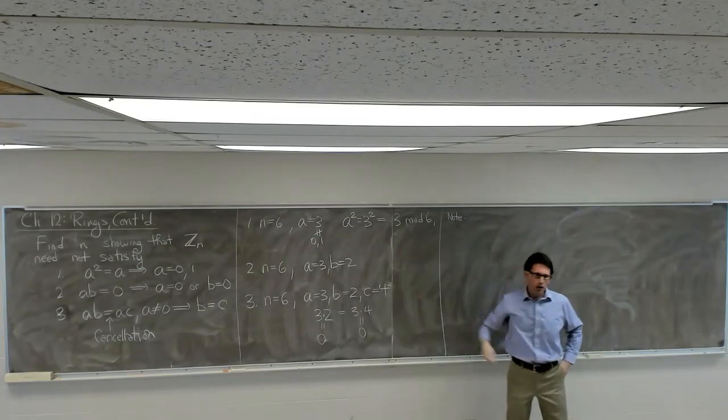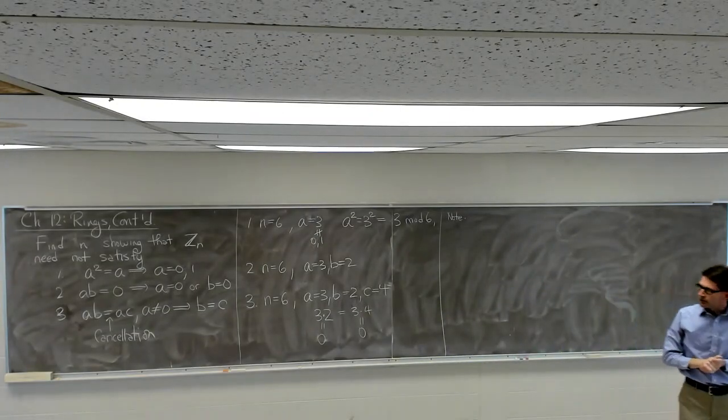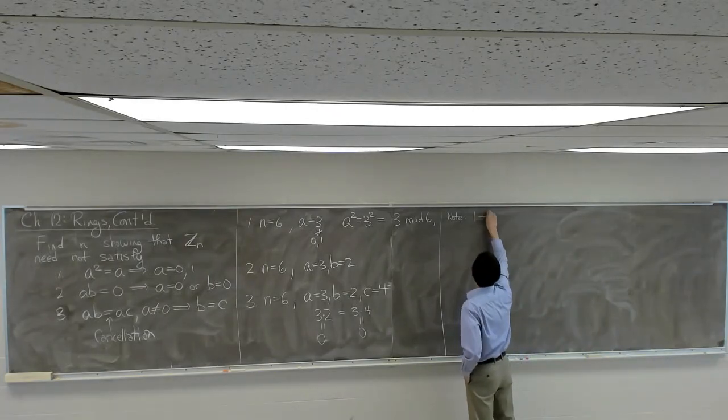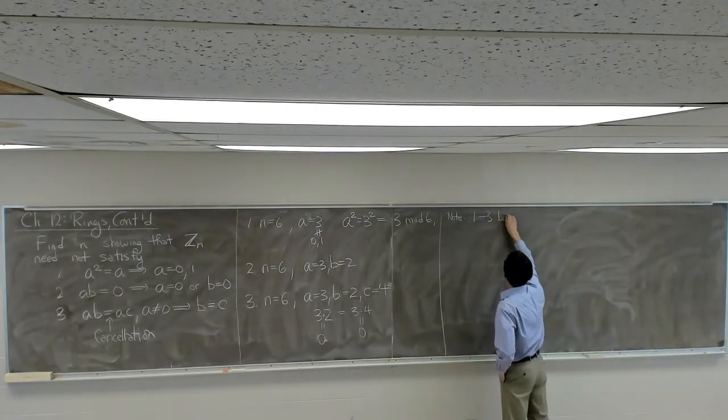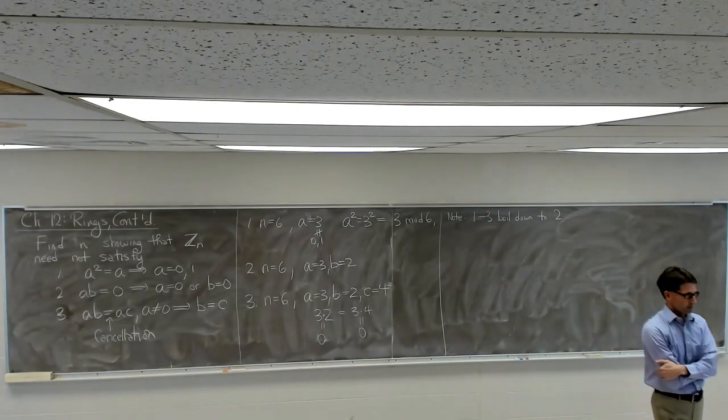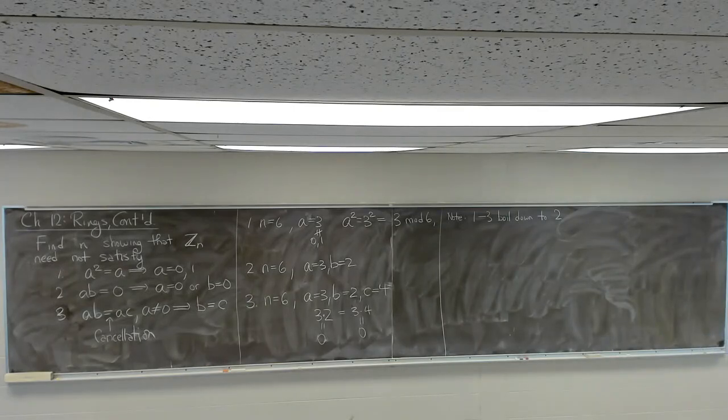So one thing that I want to point out with these examples is that in the end, all of these statements, 1 through 3, really boil down to the middle statement, right? So this idea of being able to take two non-zero things and multiply them together and get 0.